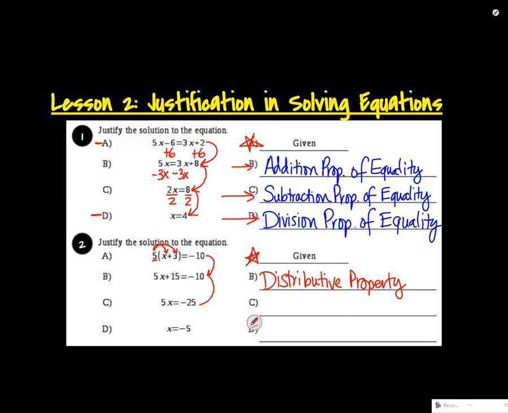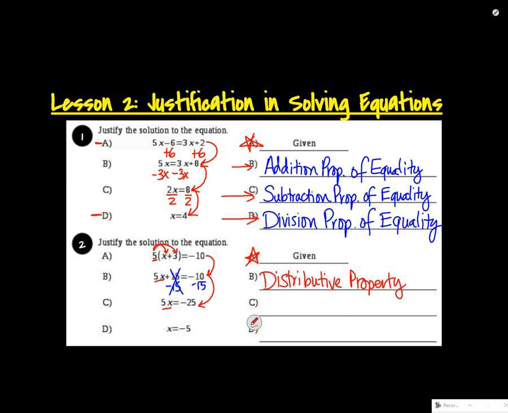From B to C, a change was made. I have my 5x. I don't have a 15 anymore, and my negative 10 becomes a negative 25. So something happened with that constant. How do you move a plus 15? You subtract 15 on both sides. So remember our 0 pair? And then negative 10 minus 15 is negative 25.